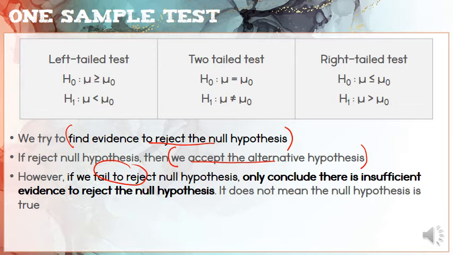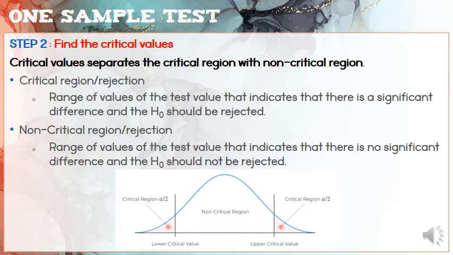But if we do not reject, if we fail to reject the null hypothesis, tidak bermaksud kita terima null hypothesis tu. Okay? Kita bukan kata kita accept, tetapi kita tak ada cukup evidence untuk reject. Tak bermakna dia betul. Okay? So, that is tadi tu step number 1. Kita state apa hypothesis kita.